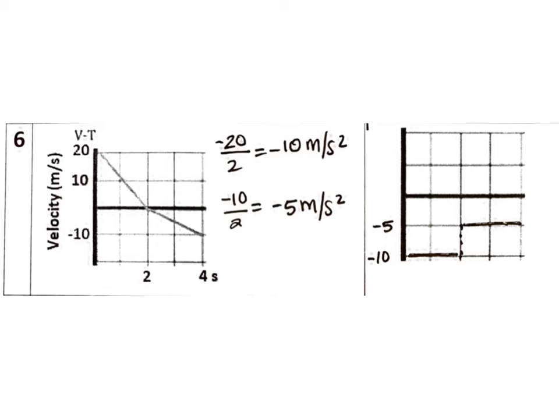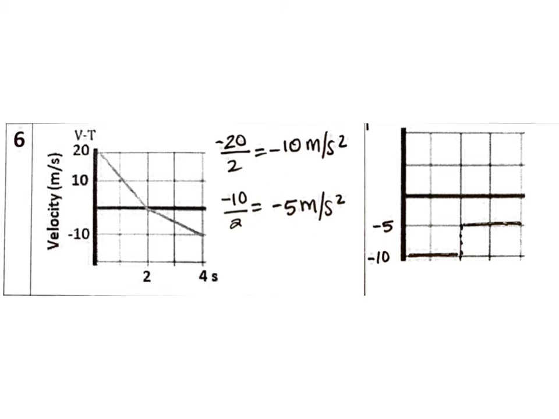And then its run goes from 0 to 2, so its run is 2, and that equals -10. And then the second section, you're going from 0 down to -10, so your rise is -10. And again, this run is also 2 seconds because it's going this time from 2 to 4. So that's 2 seconds wide. So that equals -5 when you work that out.